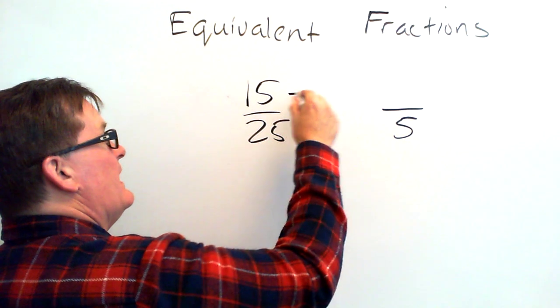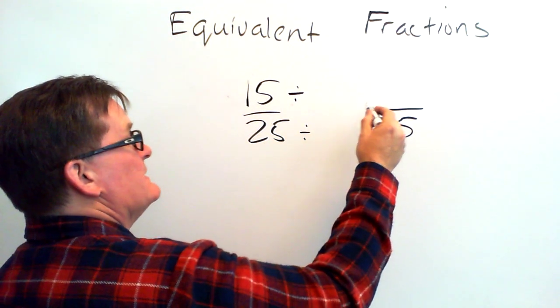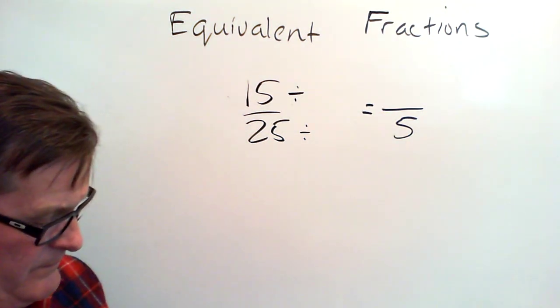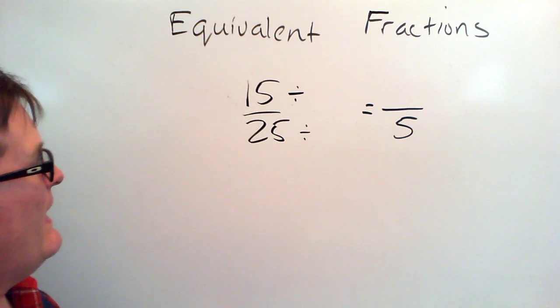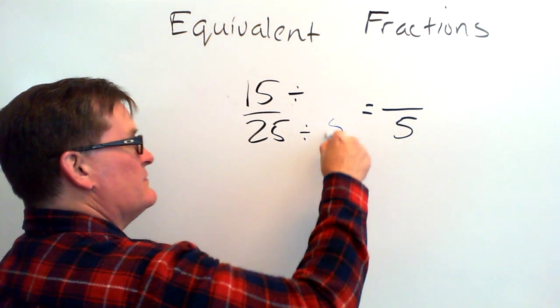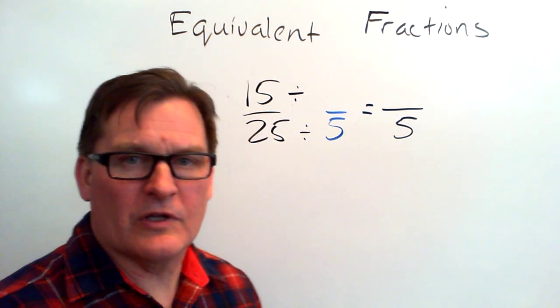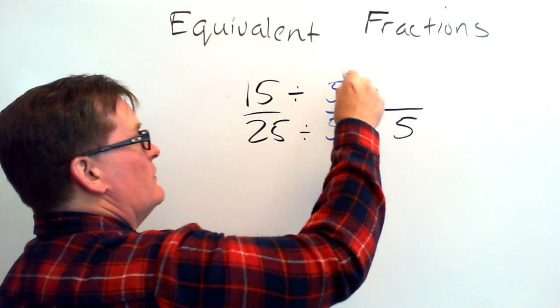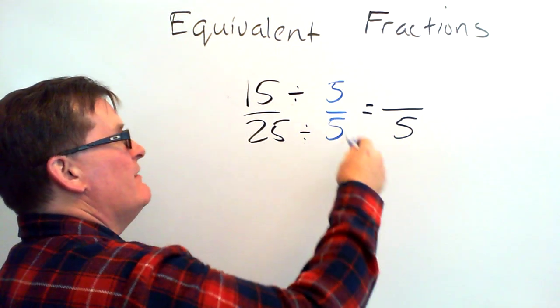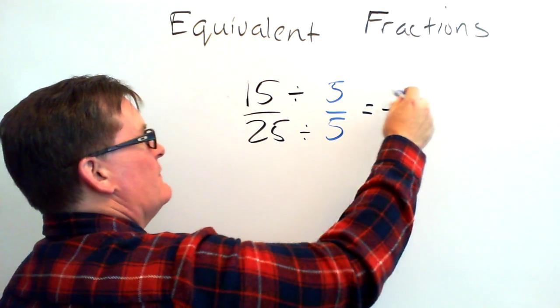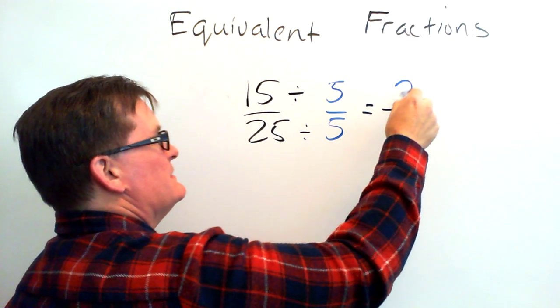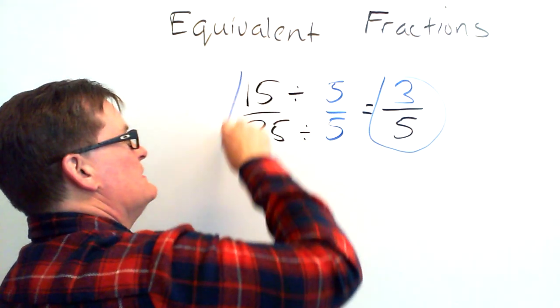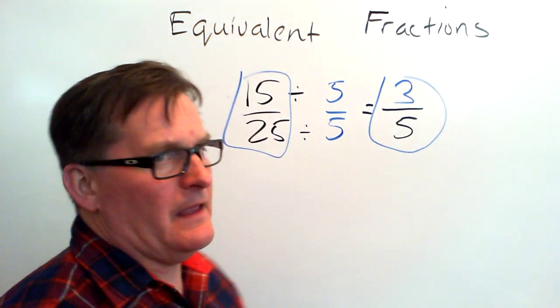So what do I divide top and bottom by to get that? 25 divided by what is 5? That's from your facts. So either you know them or you look them up on a multiplication table. We have to have that fraction equivalence of 1. So 5/5. Divide the top by the same thing. 15 divided by 5 is 3. So our equivalent fractions are 15/25 and 3/5.